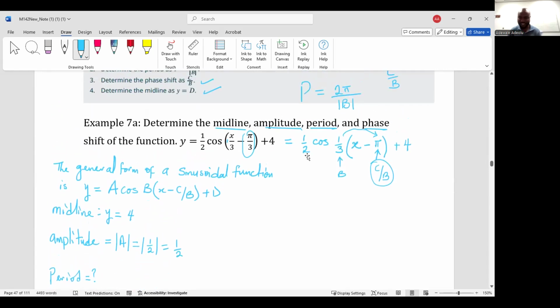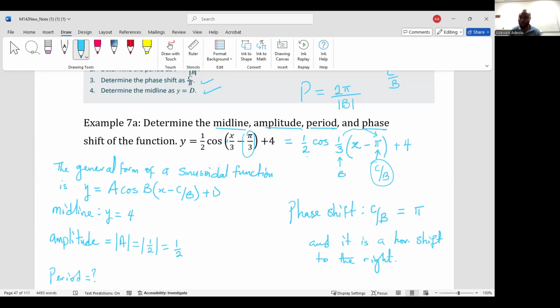Okay, interesting, right? And lastly, phase shift. Well done. Phase shift is C over B, and it is pi. And it is a horizontal shift to the right.